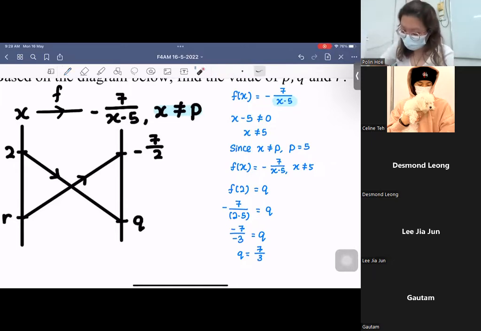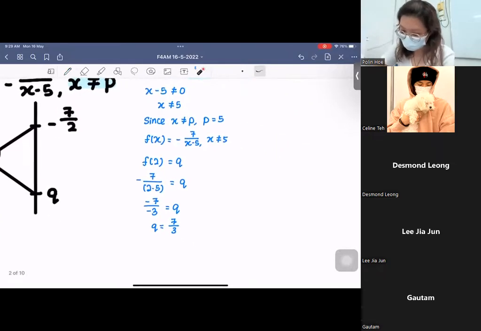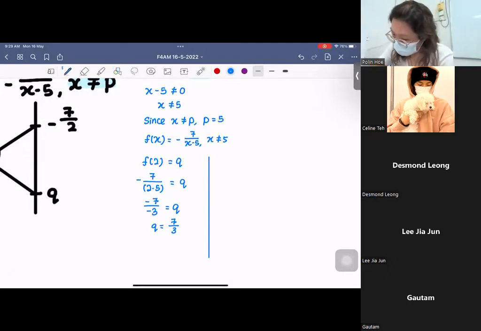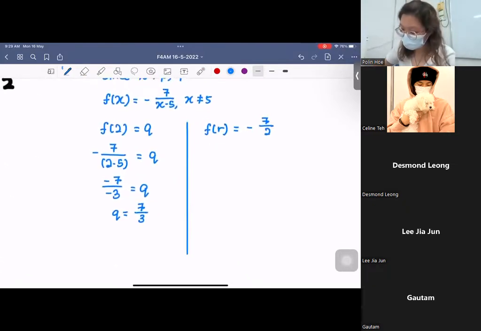And the next one, f(R) equals to negative 7 over 2. Substitute R inside your function.